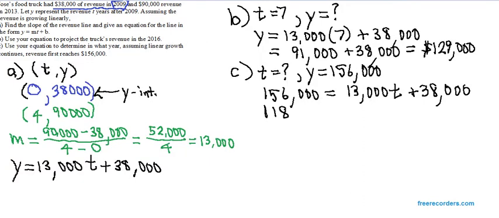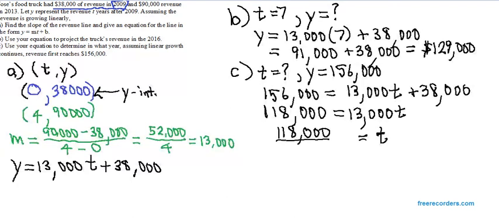That leaves us with 118,000 equals 13,000t. And now to get rid of the number in front of the t, we divide both sides by 13,000.